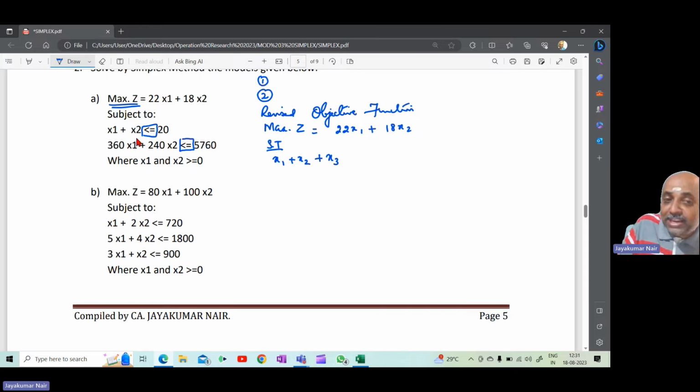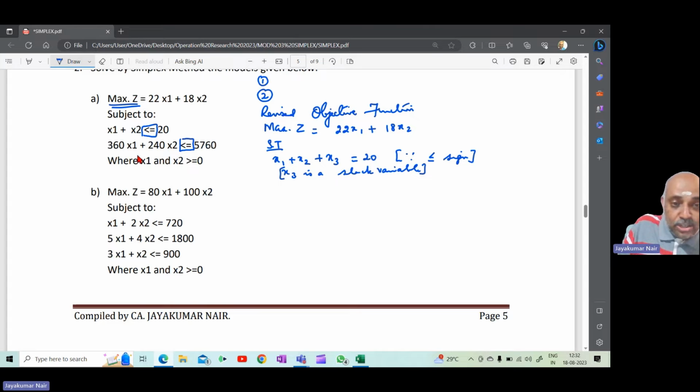Supposing if the left hand side is less, so something has to be added to make it equal to 20. Therefore, x3 is added here. Why are we adding a slack variable? Because of less than or equal to sign, and x3 is a slack variable in this particular constraint.